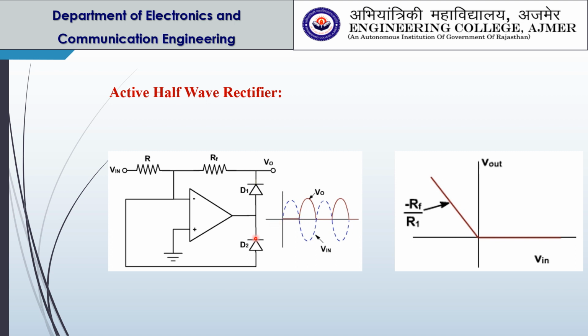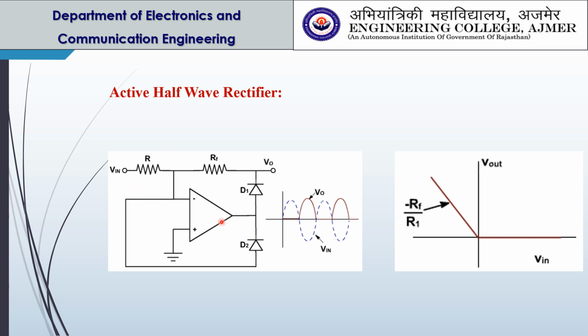If Vin goes negative, then the output of the operational amplifier becomes positive. Thus D1 is conducting, D2 is off, and the circuit behaves as an inverting amplifier, and the output of the circuit is given by V output equal to minus RF by R into Vin. The resultant output voltage will be positive.